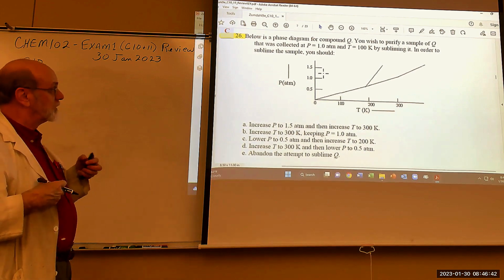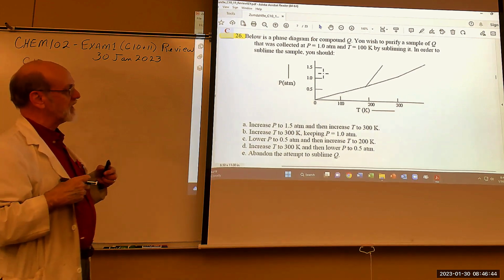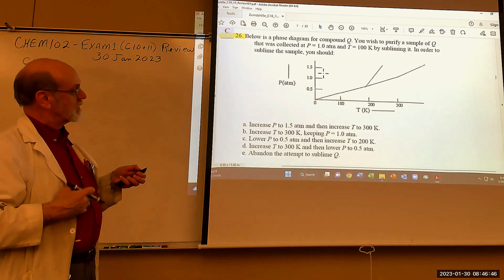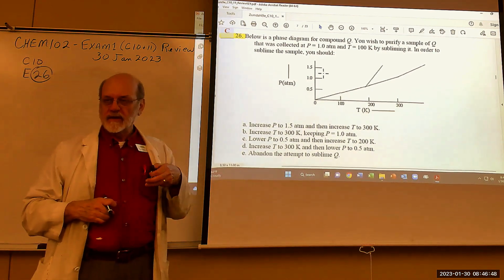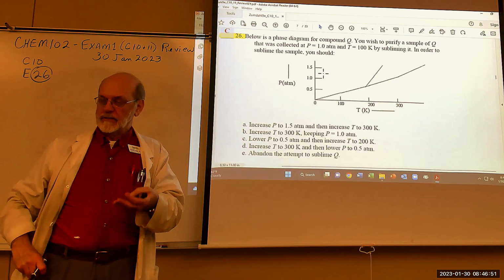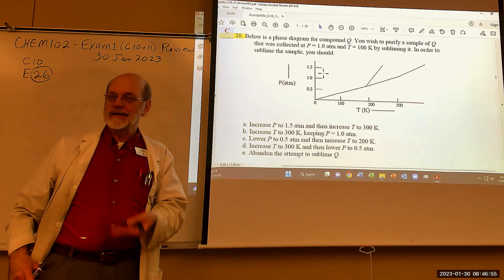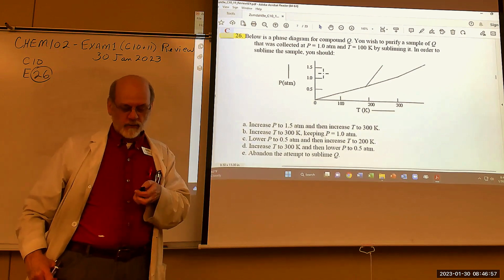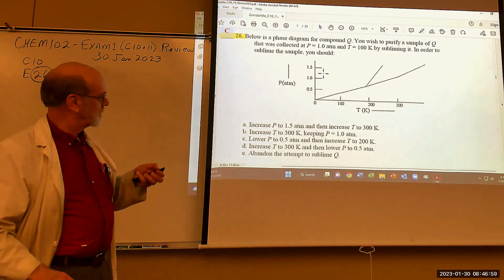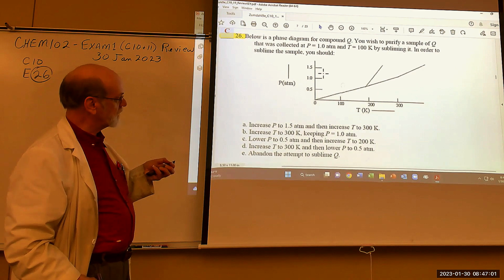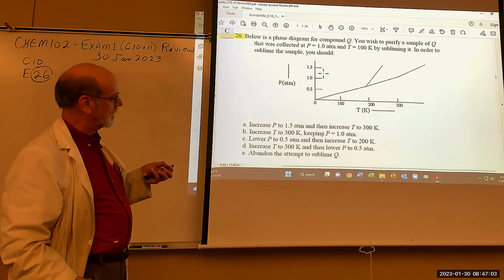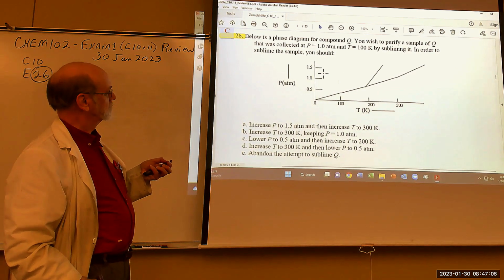And you want to purify it by sublimation, right? So sublimation means that you want to turn the solid into a gas that will separate it from impurities. So you want to go from the solid to the gas.